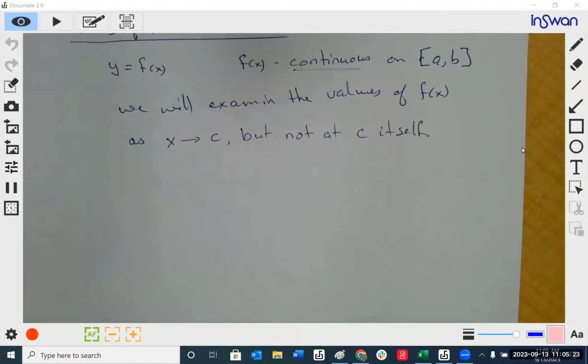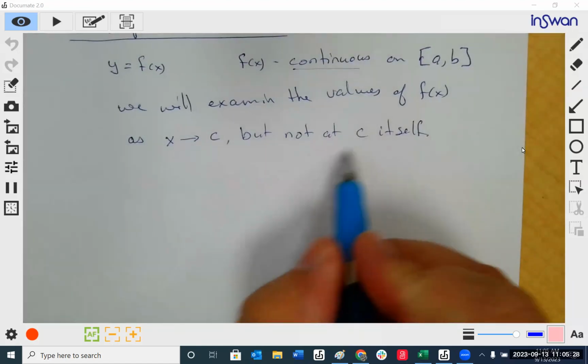There you have the first conditions that we have to look at when we talk about limits.